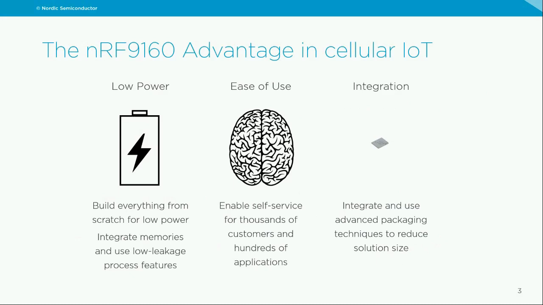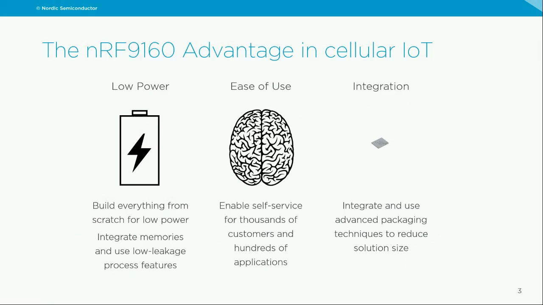The second goal was really to make Cellular IoT easy to use. Not only for a few big ones out there in the market, but for all of you thousands and thousands of customers to take a device and build your application almost on your own to realize hundreds of different applications. So a very, very versatile solution.